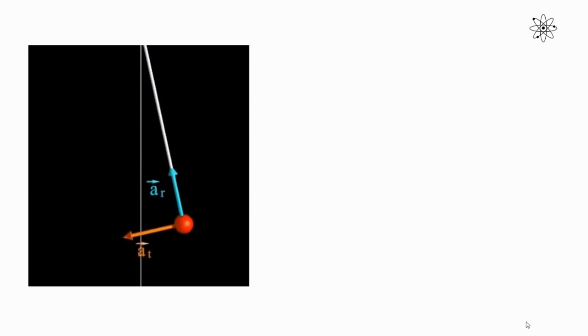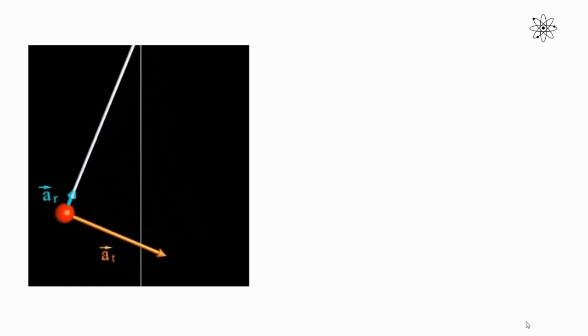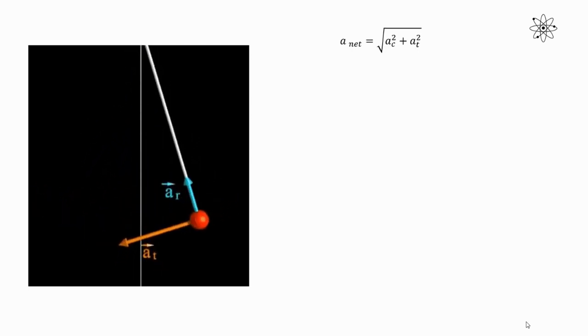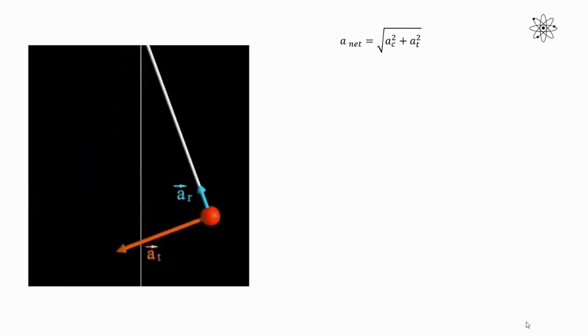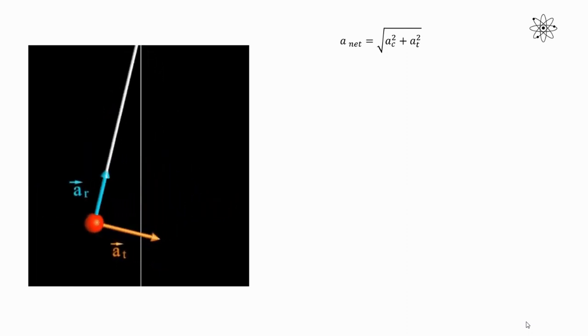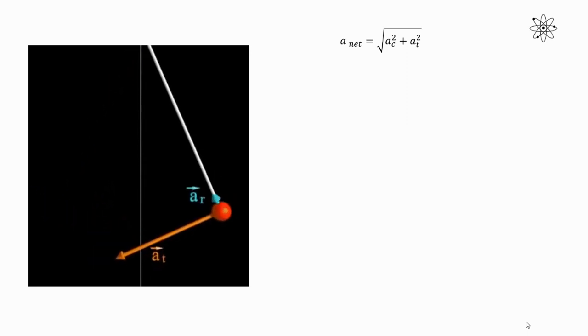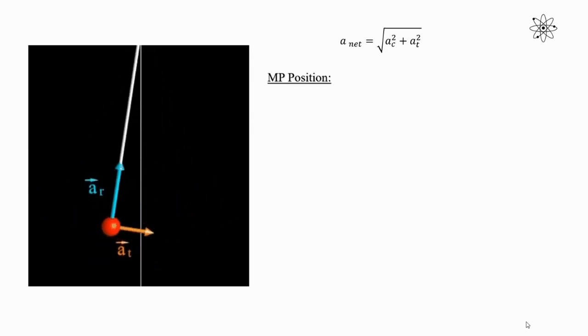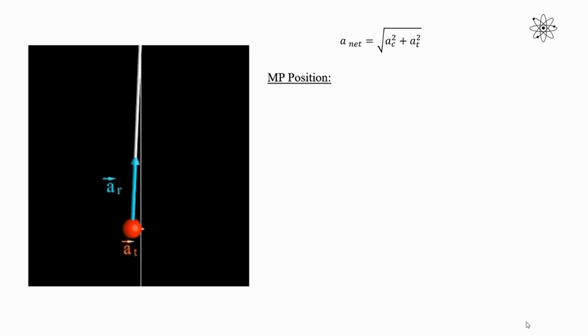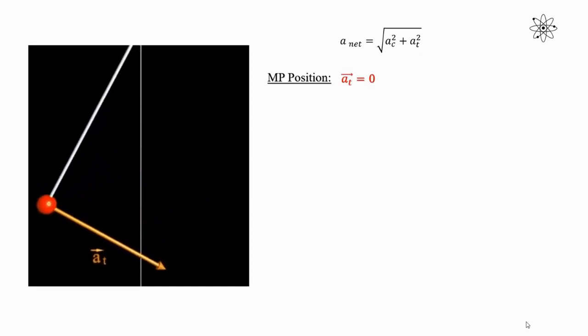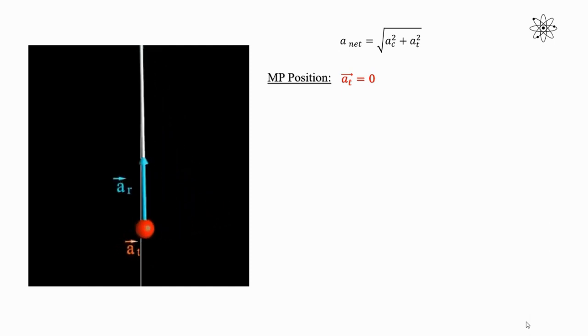With this GIF, let's understand the net acceleration acting on the bob. A net, that is net acceleration, is equal to square root of centripetal acceleration square plus tangential acceleration square. What happened with this net acceleration at mean position? At mean position, tangential acceleration is 0.